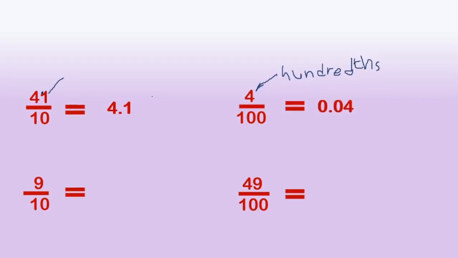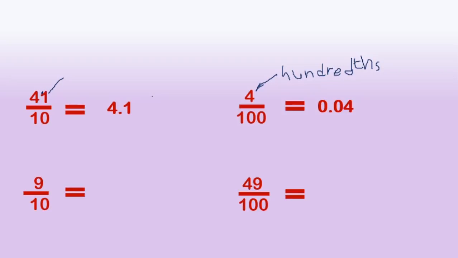So we are going to have 0.04. This is the 100th position, and this is the 10th position that is missing. We use 0 to show that the 10th position is missing, guys, so don't forget.